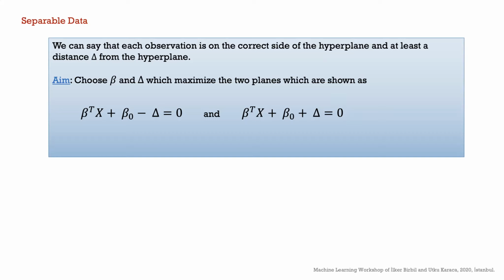So we want to have that. We want to have our observations on the correct side of the hyperplane, and we want to have at least a distance delta from that hyperplane. And we can choose beta and delta which are going to maximize the margin between the two classes.